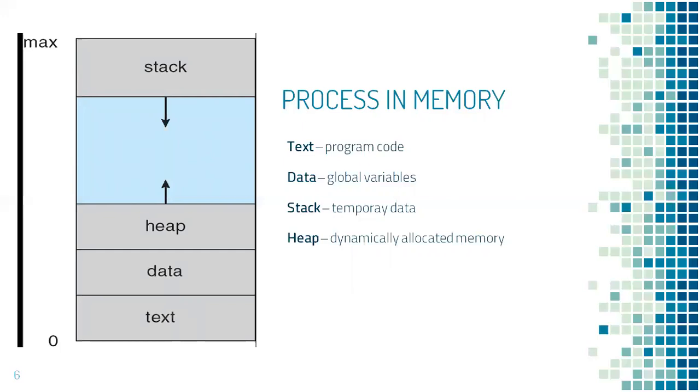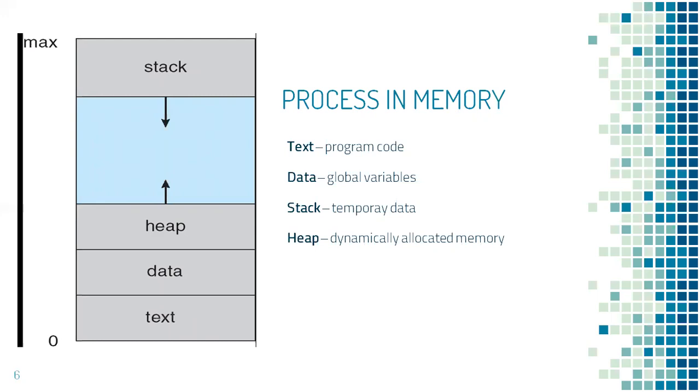Local variables are those variables which are accessible only in the functions in which they are declared, whereas global variables are accessible in all the functions of a program. These global variables are stored in the data section. The local variables of a program are stored in the text section itself.